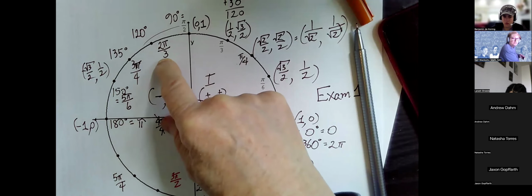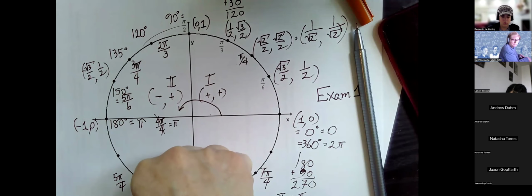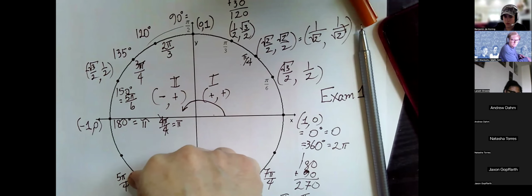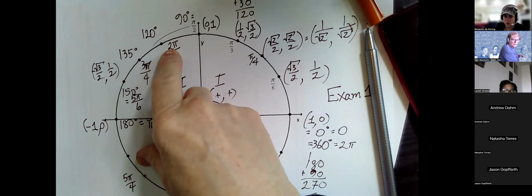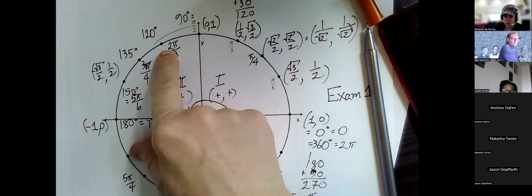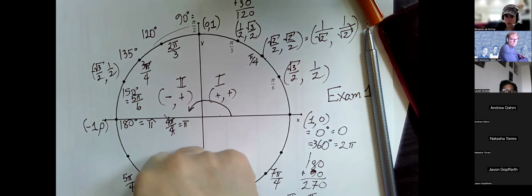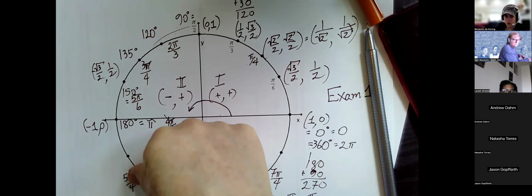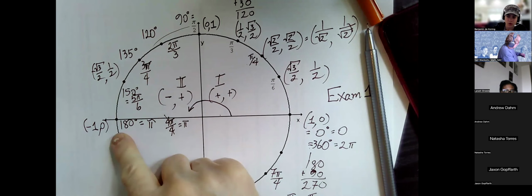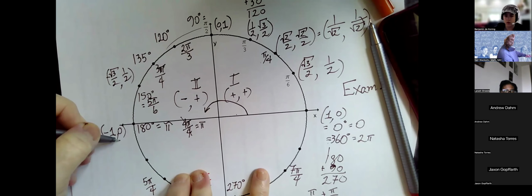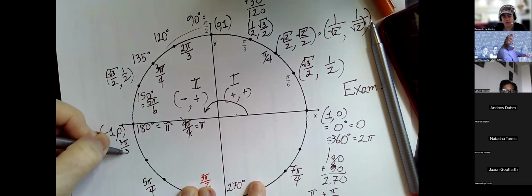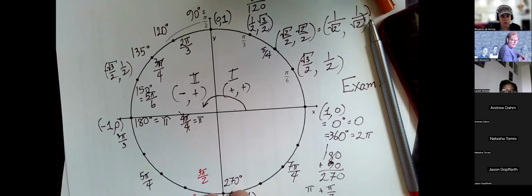Where do we end up if we go 60 degrees again? From 120 degrees, if we go 60 more degrees, where do we end up? 180, or 3 pi over 3. So 3 pi over 3, that's 180.